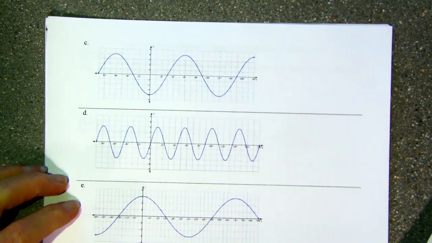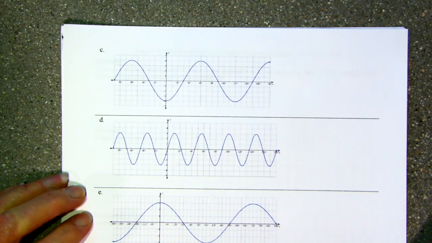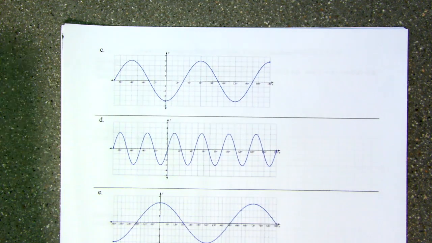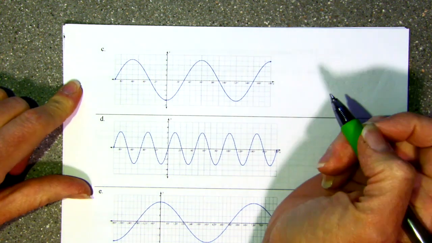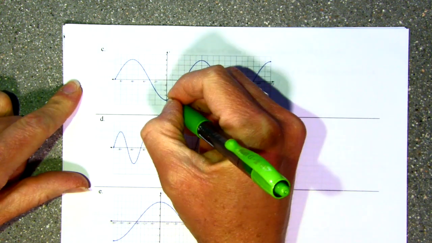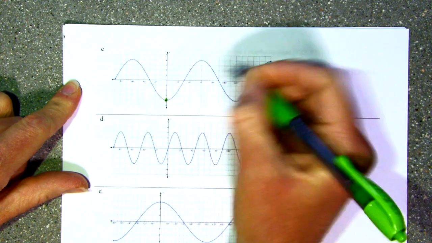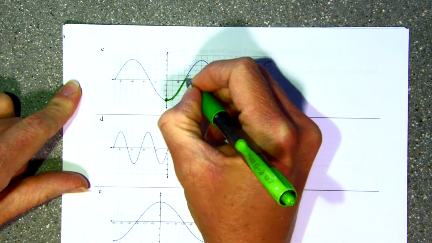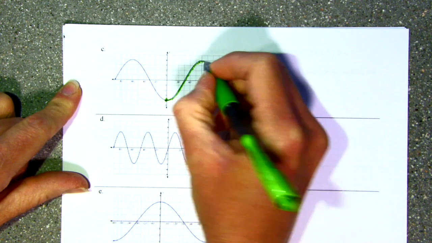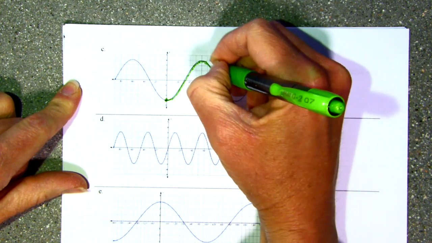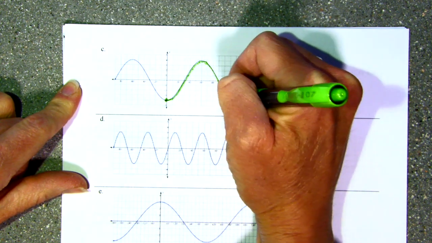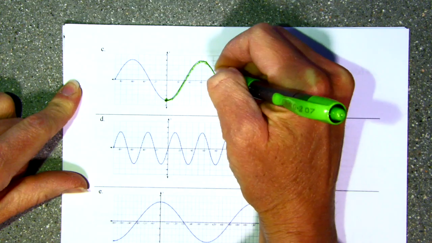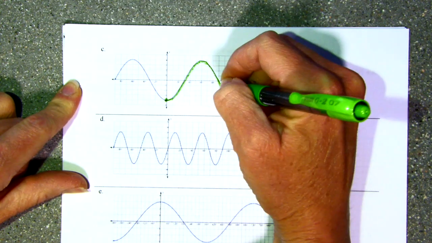We'll do one more here together. So if we look at this one, the cycle starts down here. We want to highlight or just isolate one full cycle. So this one, this is one cycle.